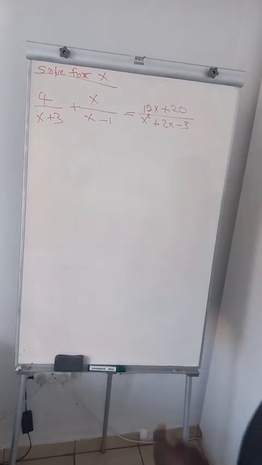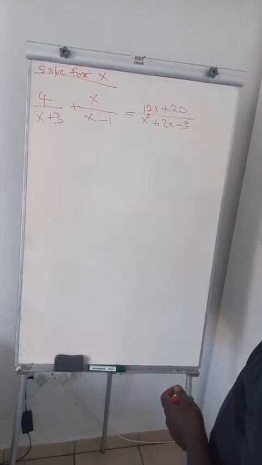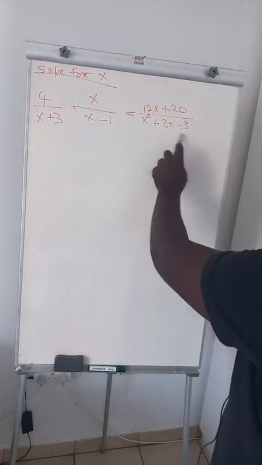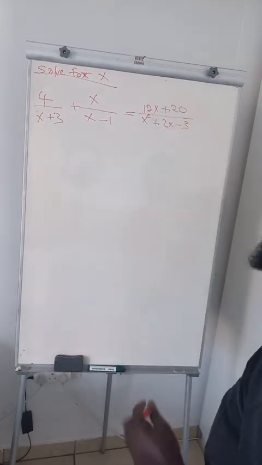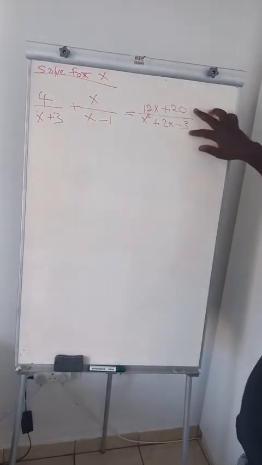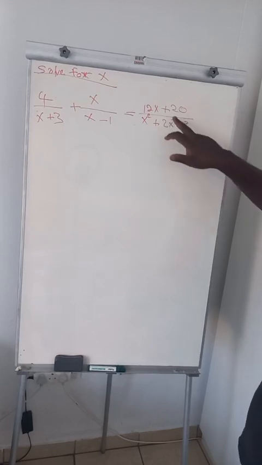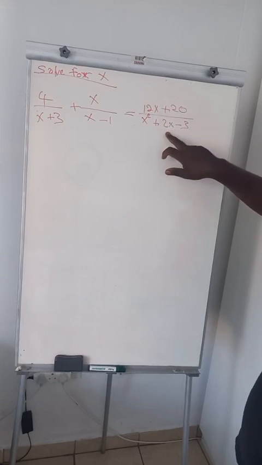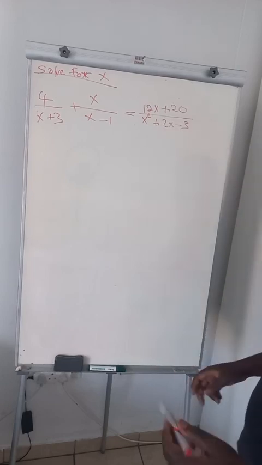To make this easier for you, maybe start here. It means you need to factorize this and also factorize what is here on top, because you might find that within this there are things which will divide. Maybe what is on top here will cancel with what is here on the numerator. So let's start here.